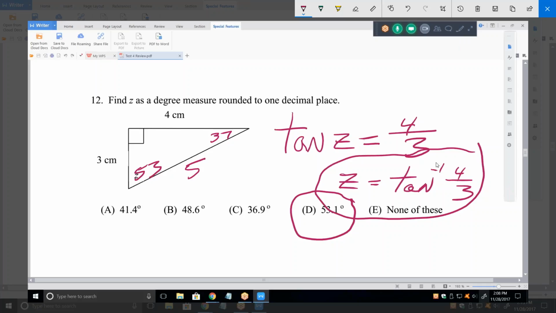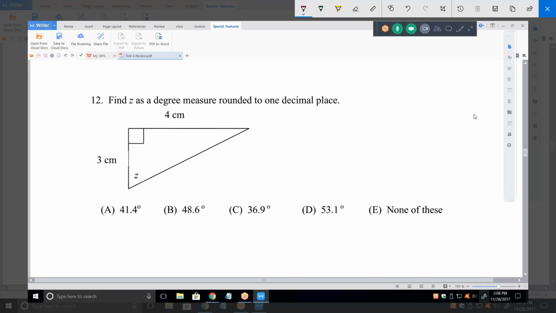All right. Now, why do you suppose they put none of these in there? To catch you in case you get the wrong one, in radian mode. In other words, everybody has to use a calculator to answer this problem.